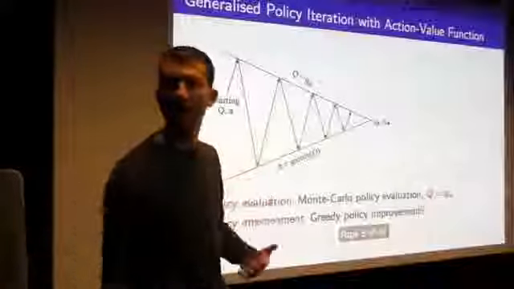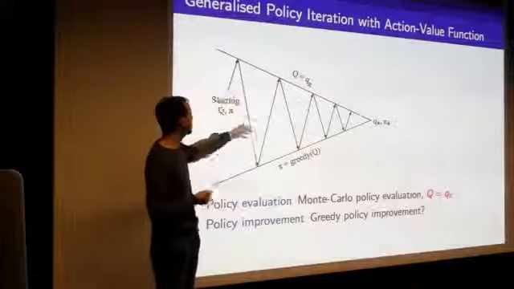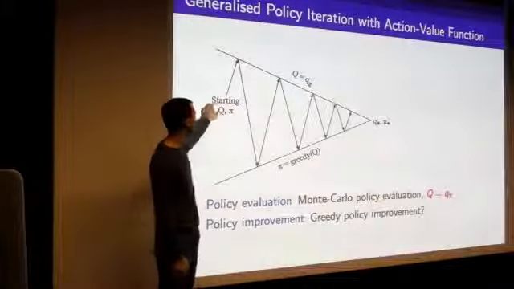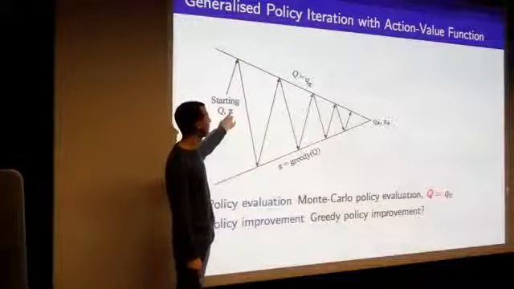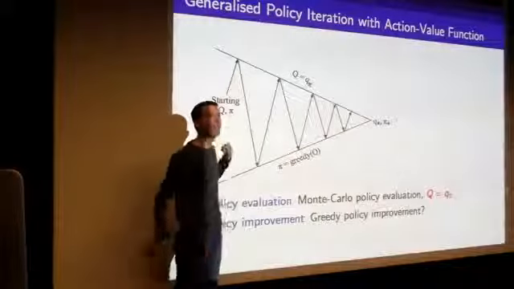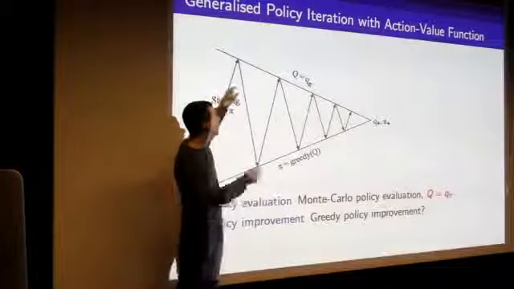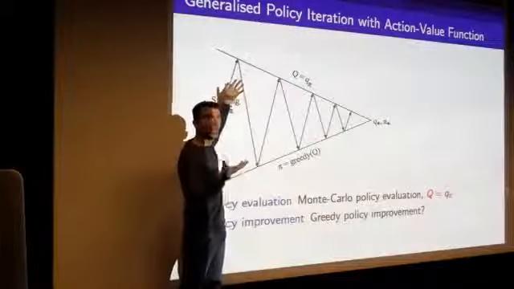So what would that look like now? The proposal is an algorithm where we start with a Q value function, an action value function, and some policy. At every step we do a Monte Carlo policy evaluation: run a bunch of episodes, and at the end of those we've got some estimate of Q pi.